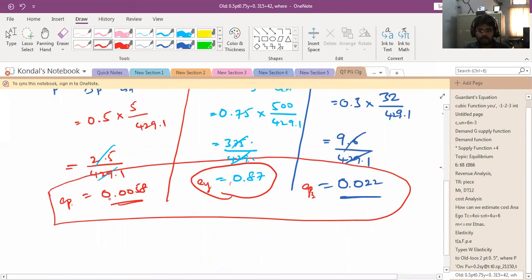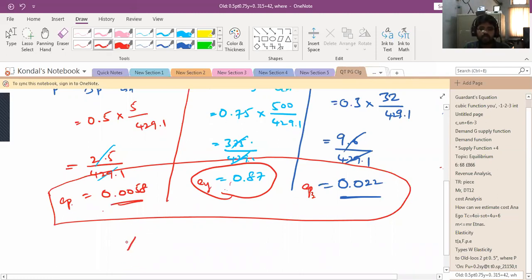Price inelastic demand, income inelastic demand, and cross inelastic demand. We can conclude that by using these values.